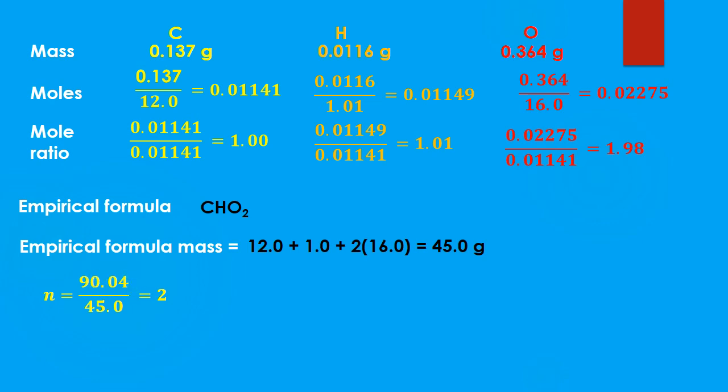We divide the molecular mass of 90.04 by the empirical mass of 45.0. That gives us a ratio of 2. Once we have the ratio of 2, we multiply it by our empirical formula, CHO2, to give us our molecular formula. So that will give us C2H2O4.